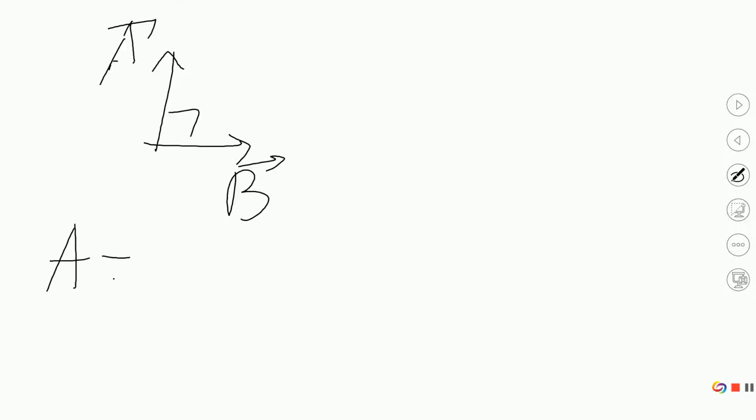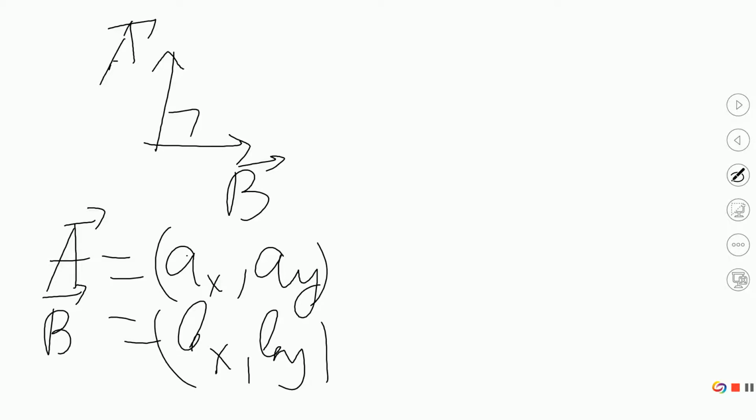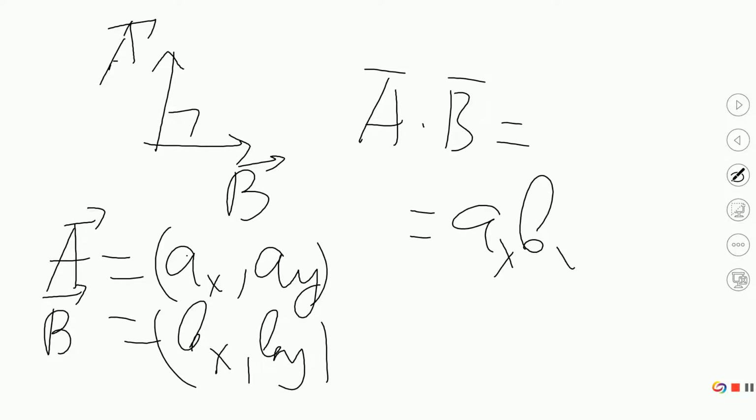So A equals (AX, AY), right? Two components, two projections. B is (BX, BY). And if you set up the dot product, A times B will be AX BX plus AY BY. So I hope it clicks something.